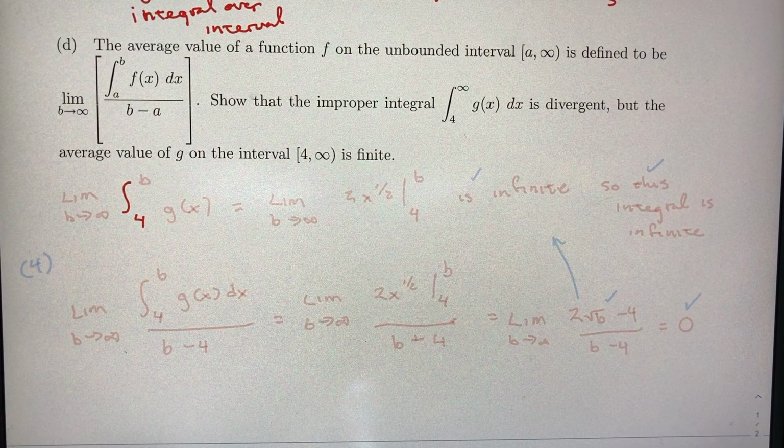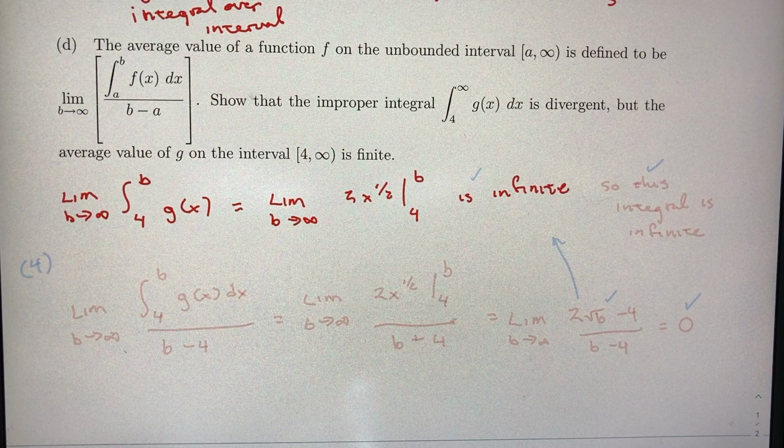So instead of infinity, we're going to write a limit as b goes to infinity. Infinity to a positive power is infinite. You don't have to justify that.